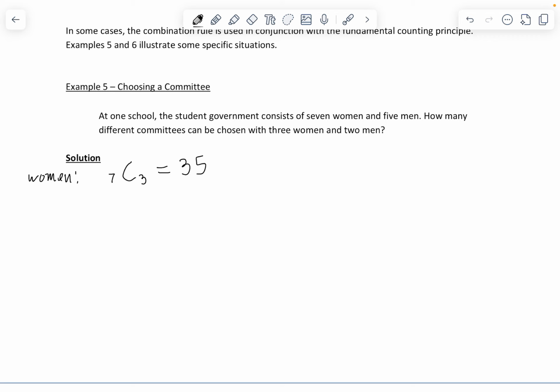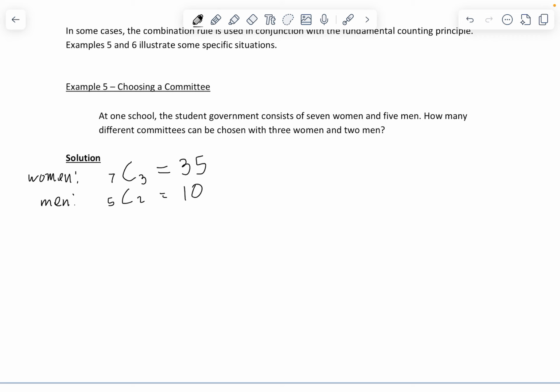Okay, for men, there are 5 men. We want the committee to have 2 men, so we need to figure out how many ways we can choose 2 men from a group of 5 men. So this would be 5C2. This works out to be 10 ways.